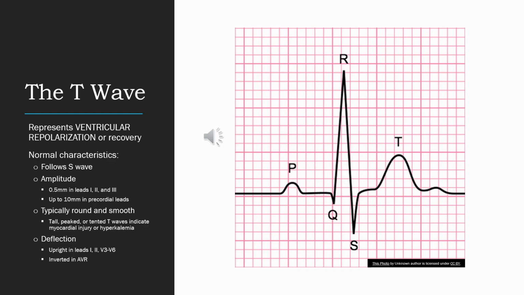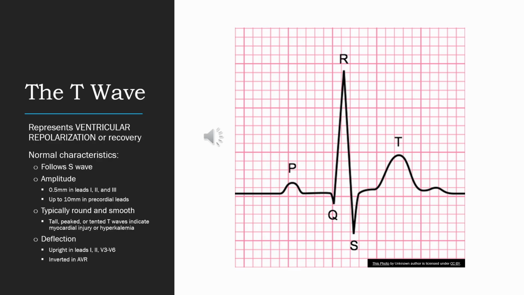So now let's talk about the clinical significance of the T wave abnormalities. So as you guys know, a tall, peaked, or tented T wave can indicate that we have hyperkalemia or even myocardial ischemia. A flattened or inverted T wave may be seen with myocardial ischemia and electrolyte imbalances like hypokalemia or hypocalcemia, or it may be due to certain medication effects.